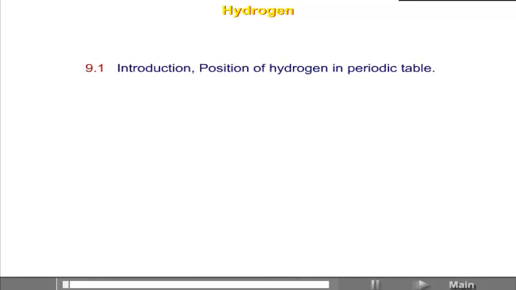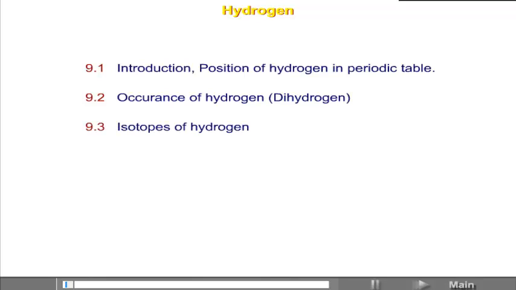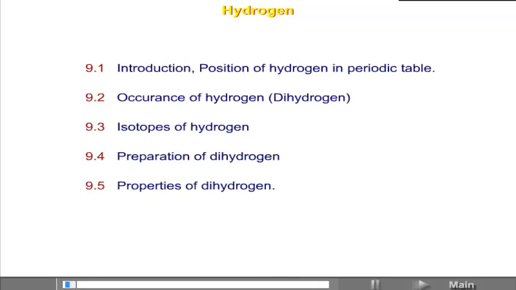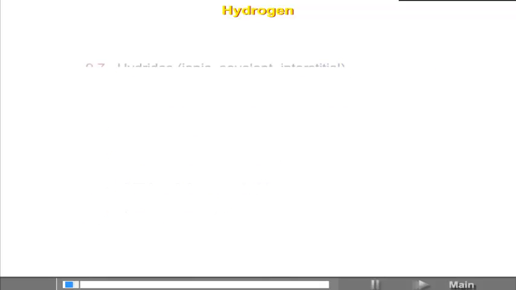Hydrogen. Introduction. Position of hydrogen in the periodic table. Occurrence of hydrogen, that is dihydrogen. Isotopes of hydrogen. Preparation of dihydrogen. Properties of dihydrogen. Uses of dihydrogen.